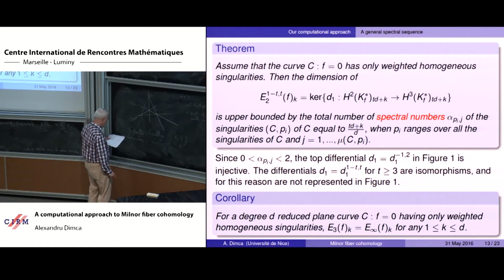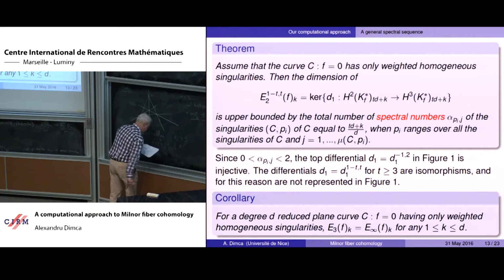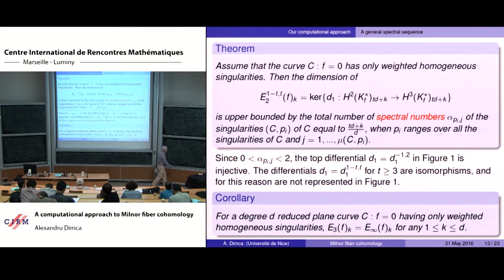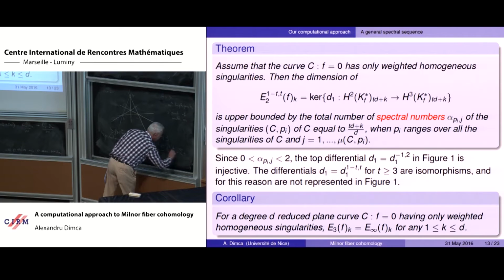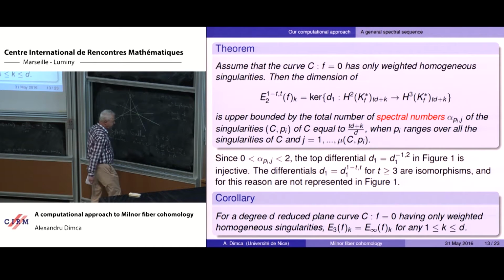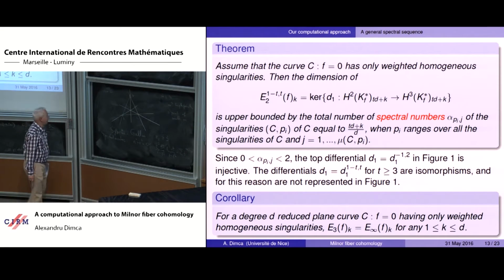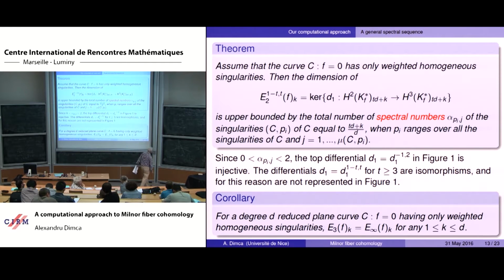I will consider a rather strange fraction, which depends on A, and I multiply this with the same strange fraction in terms of B. And this, of course, is a sum of rational powers of T. The exponents here are exactly the spectral numbers of the singularity.